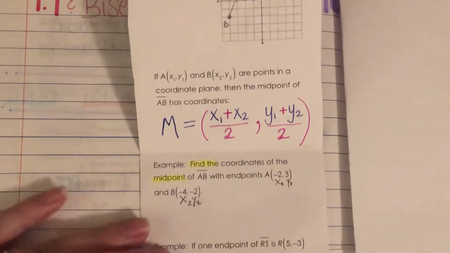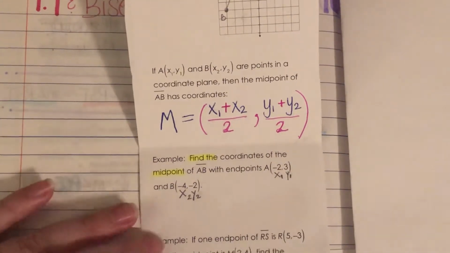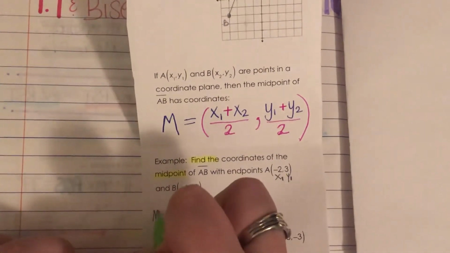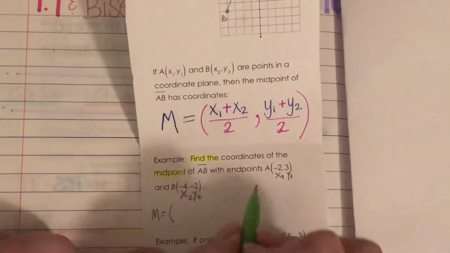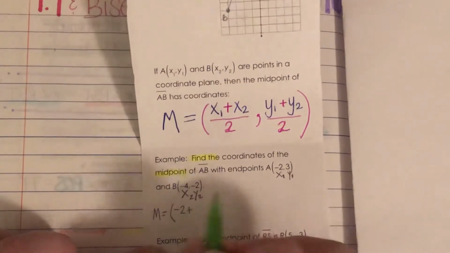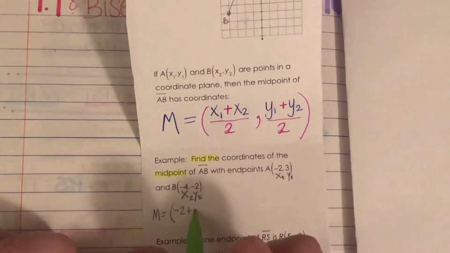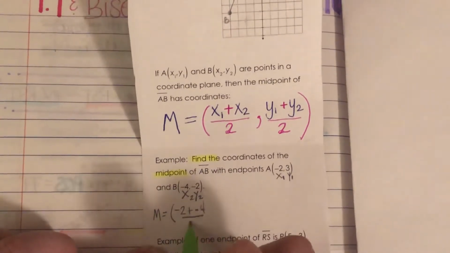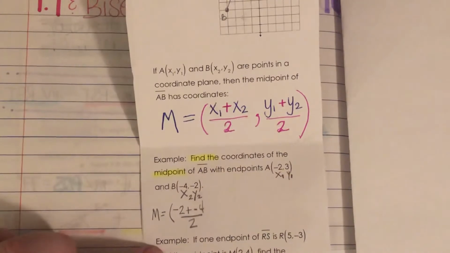Now I'm going to go ahead and place it in my formula up above. So x1 -2 plus x2 -4 divided by 2. I simply got this from my labeling.